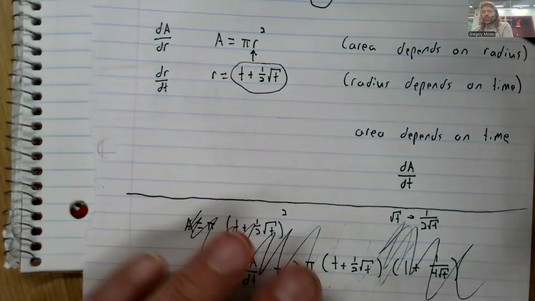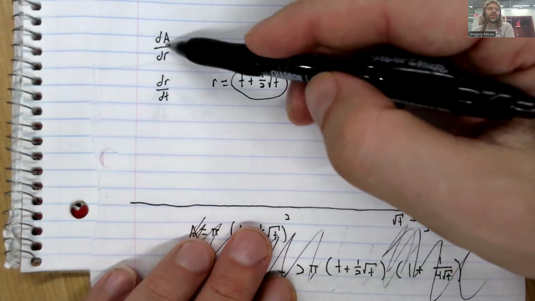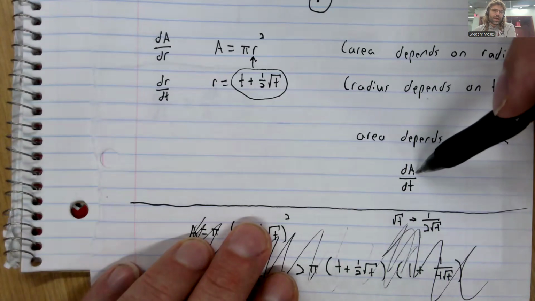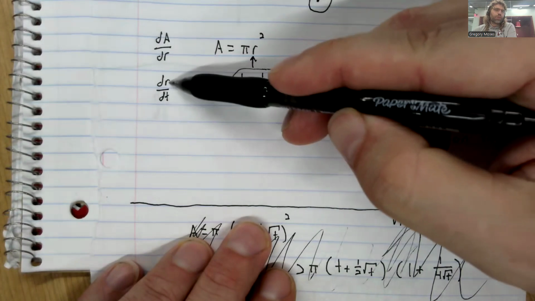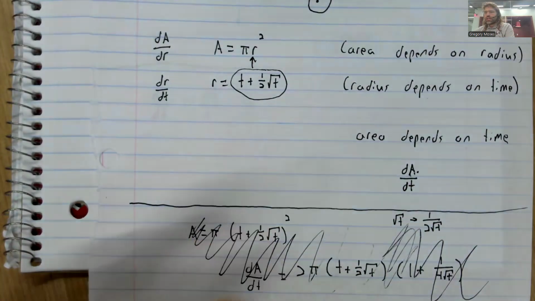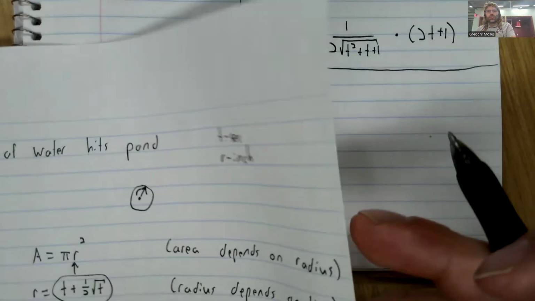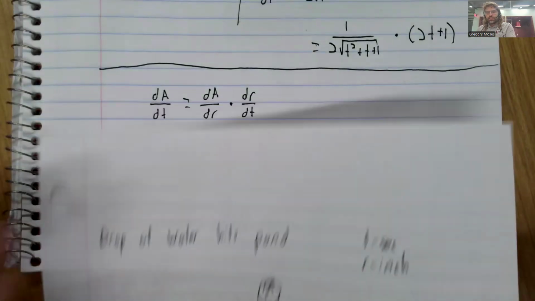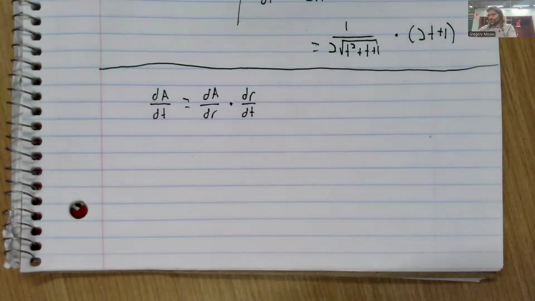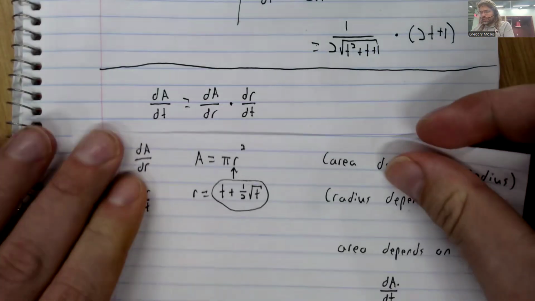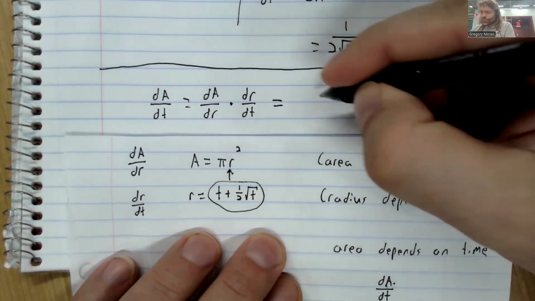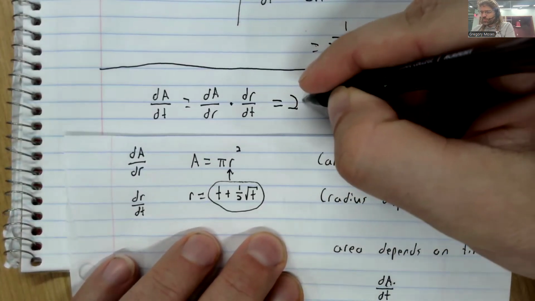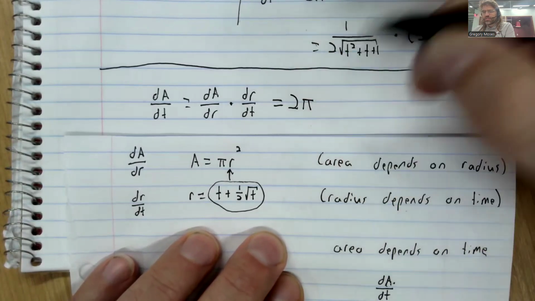This version of the chain rule says, well, neither of the derivatives I can take are the one I'm asking about, but the derivative I'm asking about is just the product of these derivatives. Well, dA/dt, do not get tripped up by the pi. The pi is a constant.